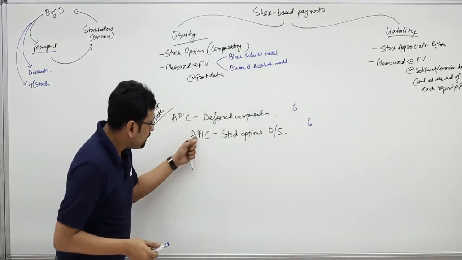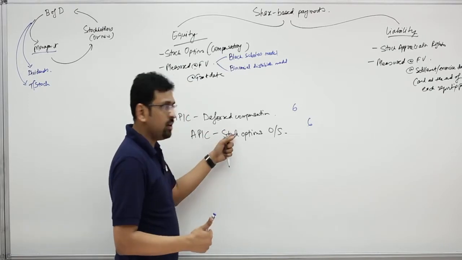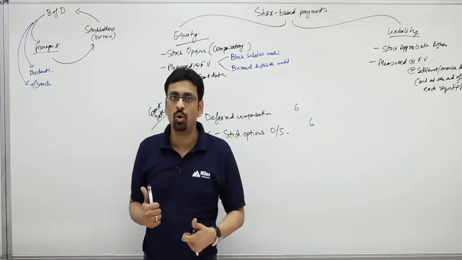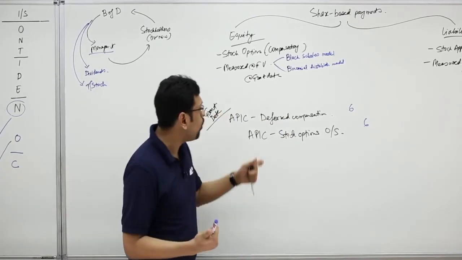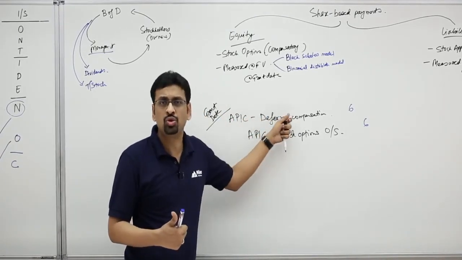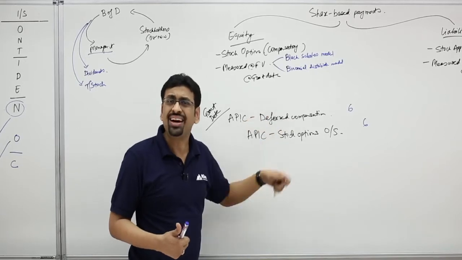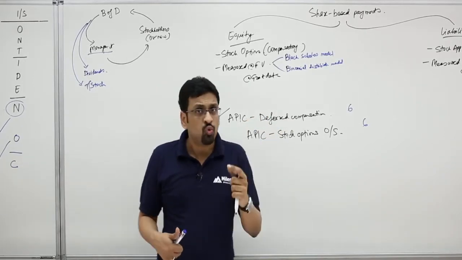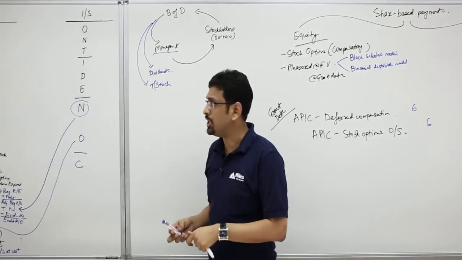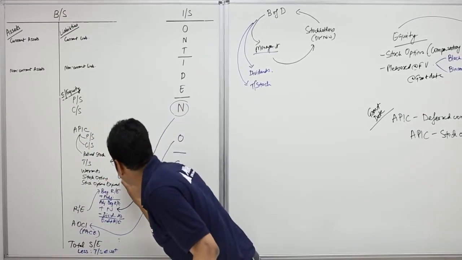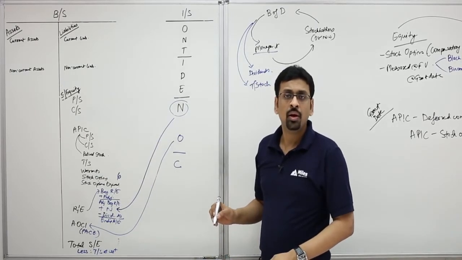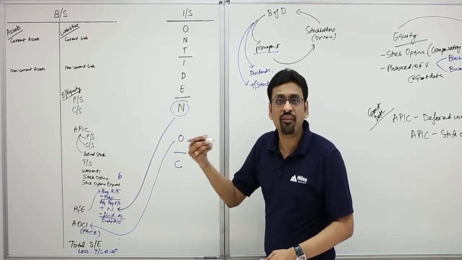Now look at this. EPIC stock options outstanding. We are comfortable with that. So that basically increases the stockholders' equity. EPIC deferred compensation. Now I've been telling you we don't want debits on EPIC accounts. EPIC deferred compensation, that's a negative to EPIC. So what we do is, when we're presenting the balance sheet, we're going to have EPIC stock options outstanding $6 million less EPIC deferred compensation.